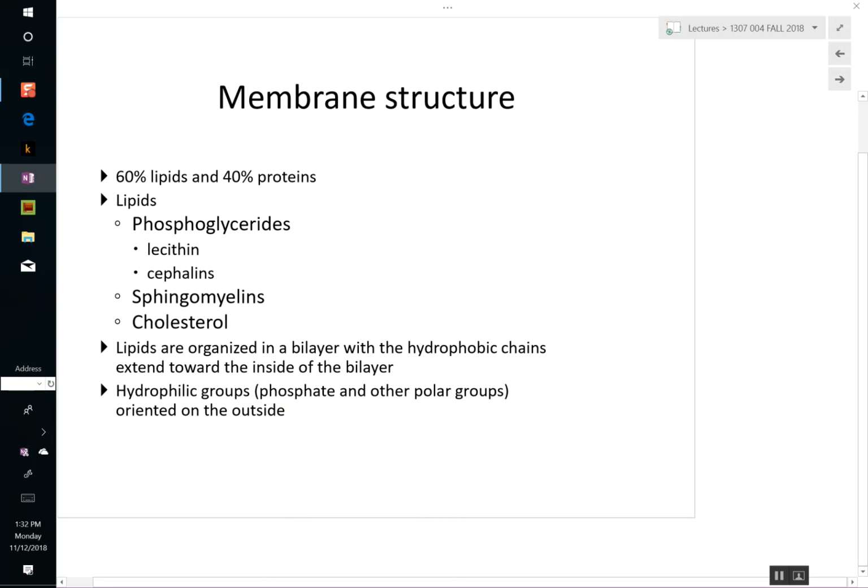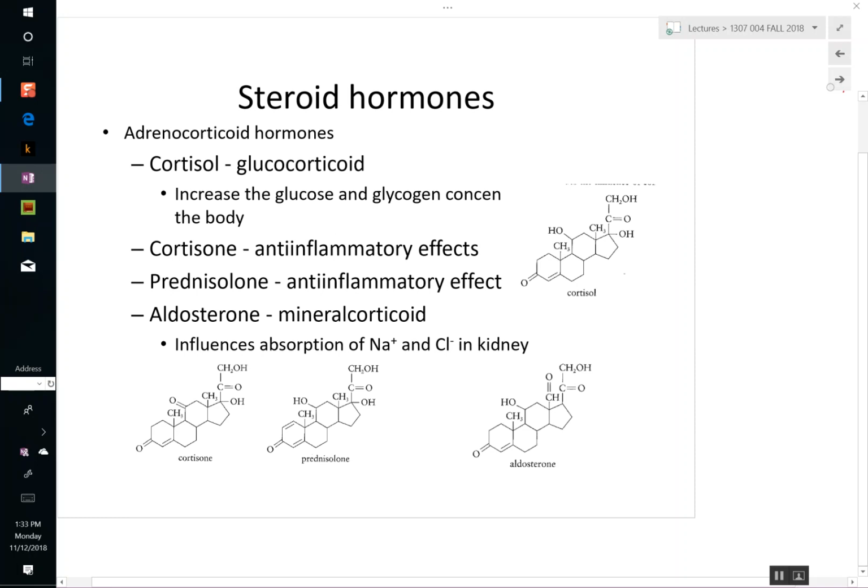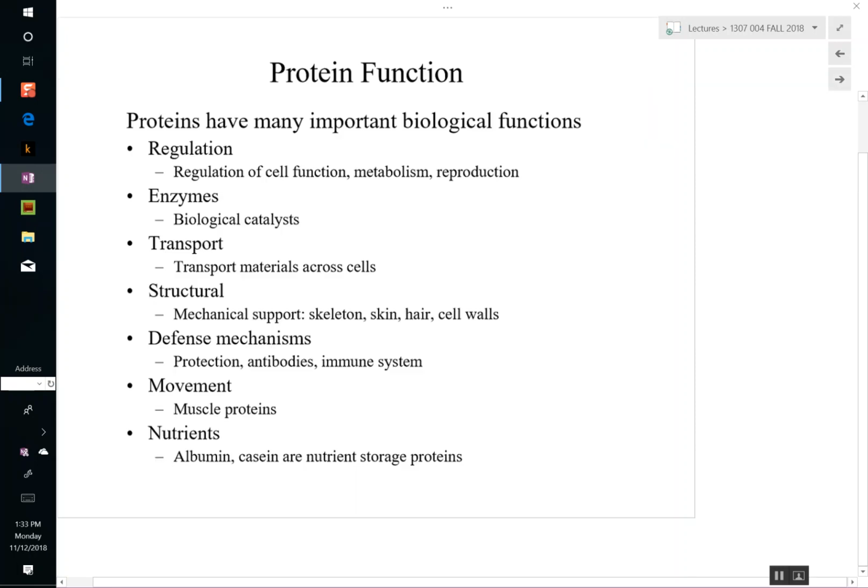Okay, so the cell membrane is about 60% lipid, 40% protein. All right, and the lipid is either phosphoglyceride or sphingolipid. All right, and I think we've covered these other ones here.